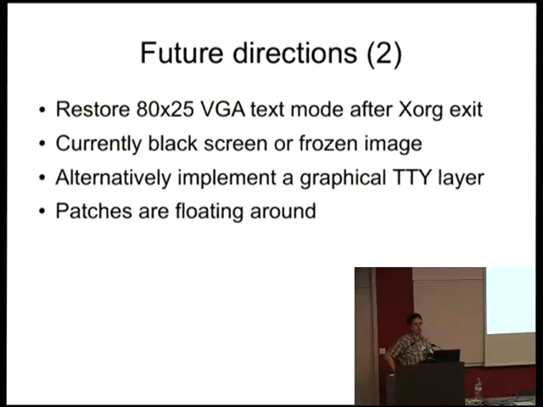So if we quit X.Org, we get a frozen image or black screen, and we no longer have the traditional 80 by 25 text mode. So I'd like to restore the VGA text mode, or maybe implement a graphical TTY layer like some other operating systems do. So patches are floating around. It's still a bit undecided at this point in time.